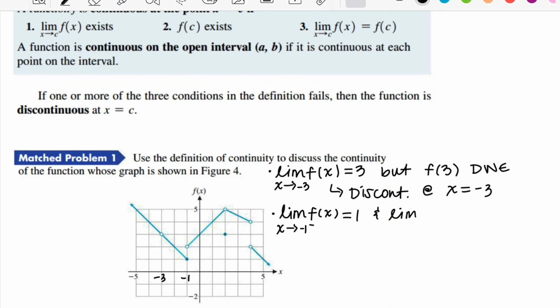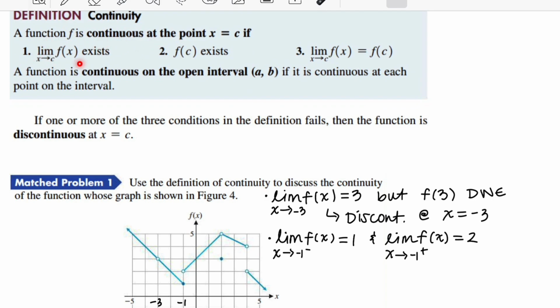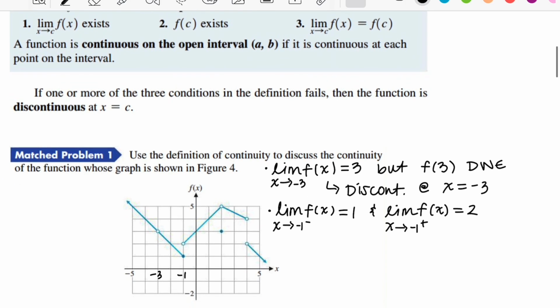And if we were to approach -1 from the right, we're getting closer and closer to 2. So this tells us already that our limit does not exist because our one-sided limits are not equal. So we immediately violate or fail this first condition, our limit does not exist. So we have a discontinuity at x equals -1.